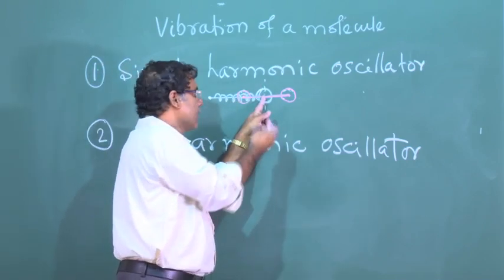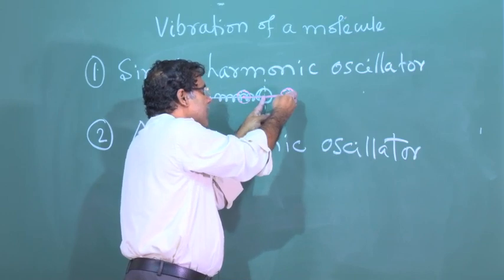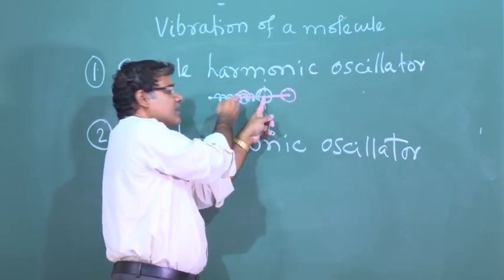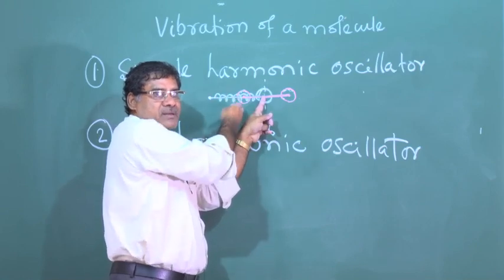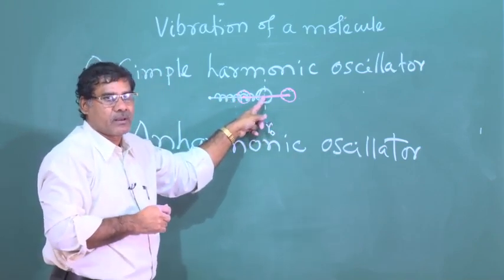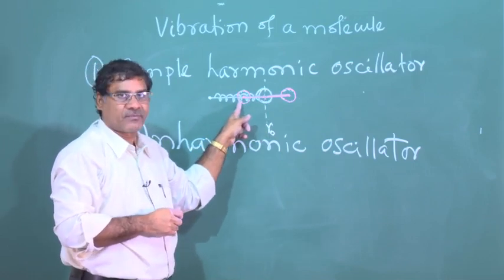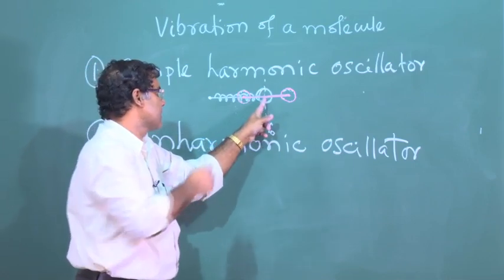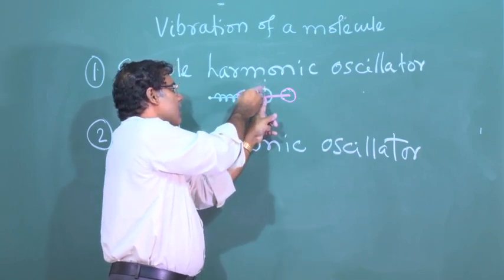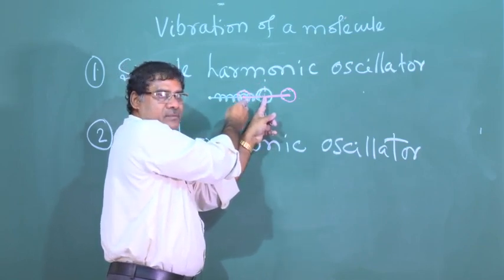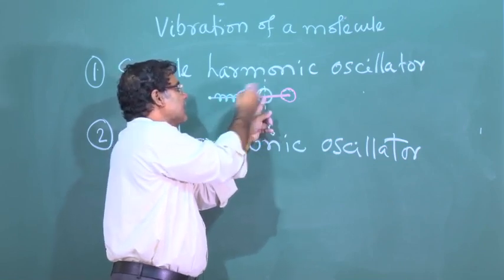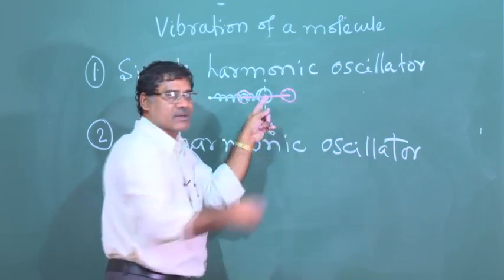Or the other way, for the same amount of compression, the energy of the system is not the same, it is different. And it is seen that due to the same amount of compression, its energy is higher than for the same amount of expansion.